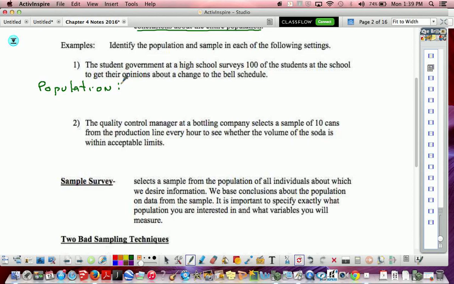Okay? So our population represents all students at this high school. So we're looking at specifically all students at this particular high school.